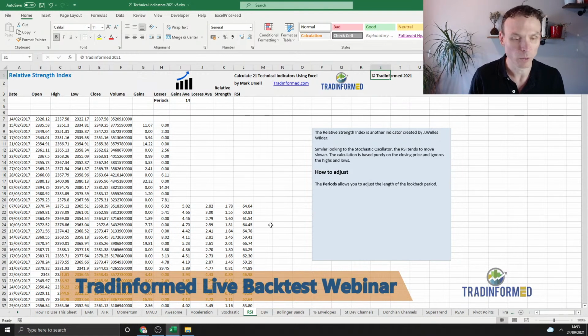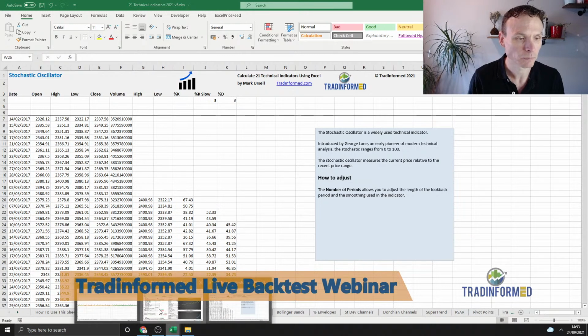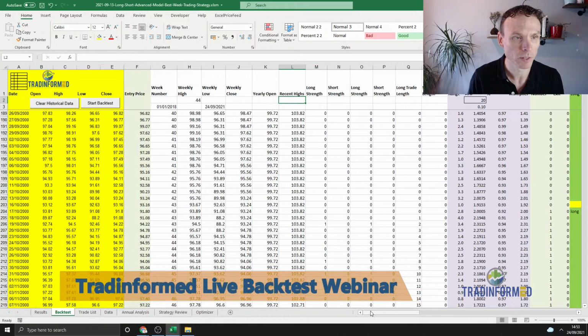So let's have a look at the stochastic. I haven't done this previously. We're using Excel, so we can take the formulas from one place and put them into another very easily. All you would need to do, if you're using this Tradinformed backtest model, is go into the backtest area here.